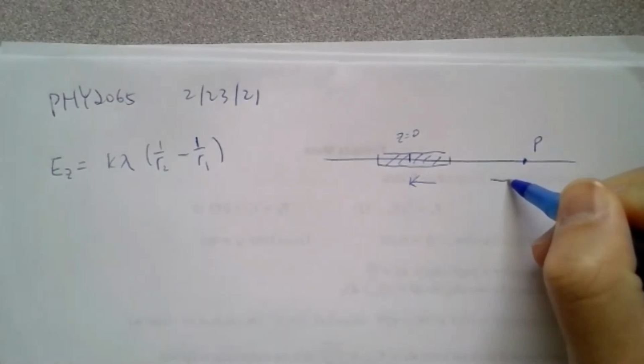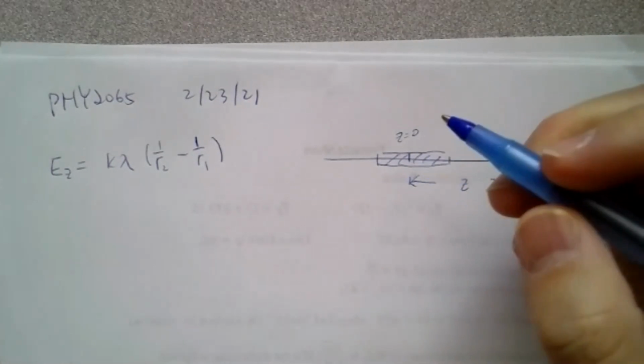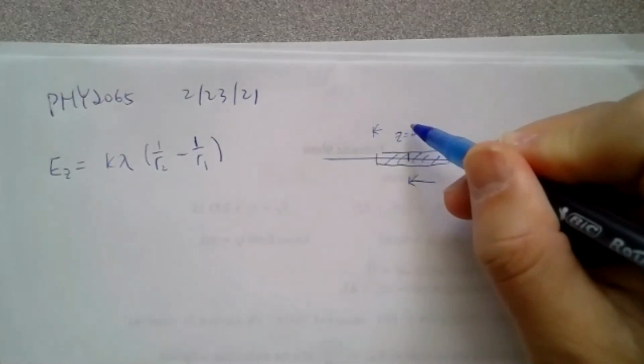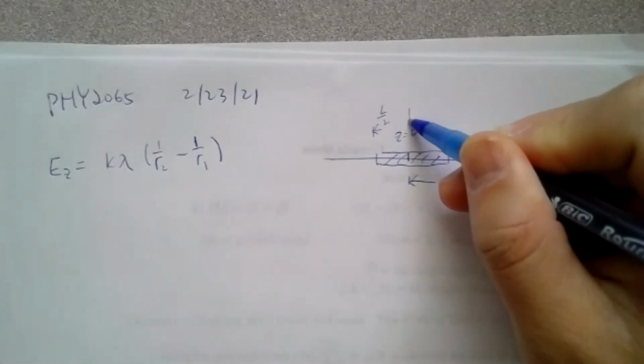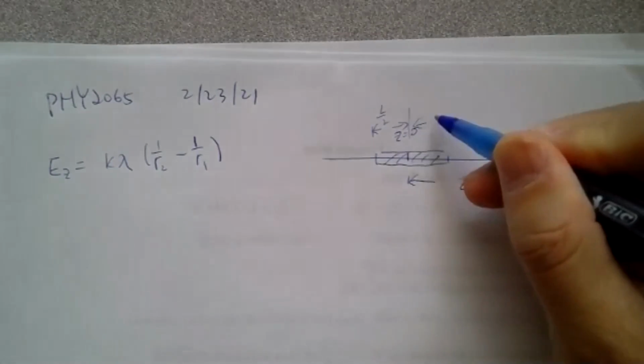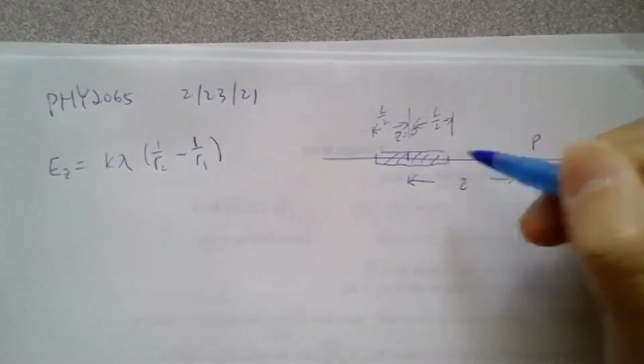This is Z. This is 1/2 L to here, and then 1/2 L to the other end.